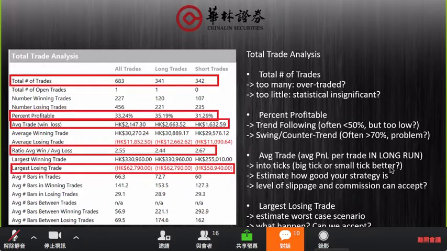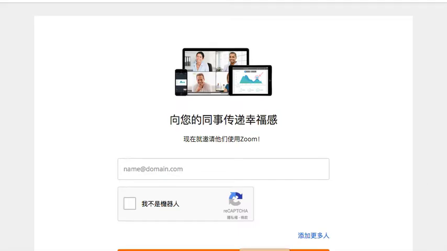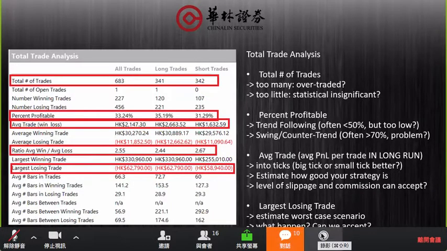It's called average trade, because when you're trying to make money, the ratio we should be referring to is average win over average loss, and now the figure is 2.55. So when you lose $1, you win $2.55.